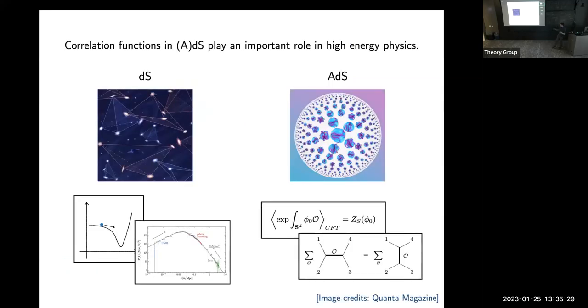Just so that everyone's on the same page, let me start with a very broad picture. The objects that we're going to be interested in are correlation functions in DS and ADS, which are very interesting to study because they have many applications in high energy physics. On the one hand, correlation functions in de Sitter space are very useful for cosmological studies.